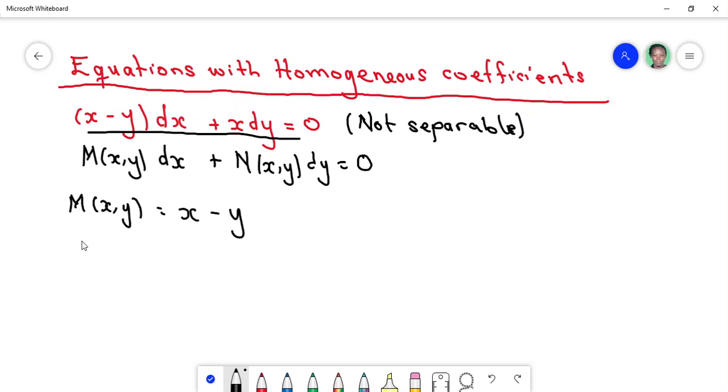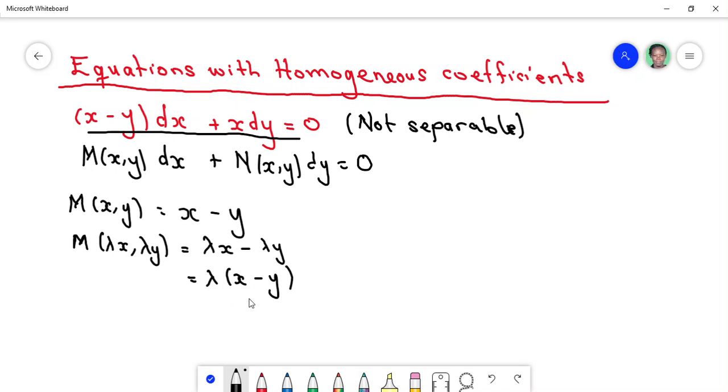Okay, so we can actually check. So I have M of lambda x, lambda y, which is going to be equal to lambda x minus lambda y. And I can equally write this as lambda times (x minus y).